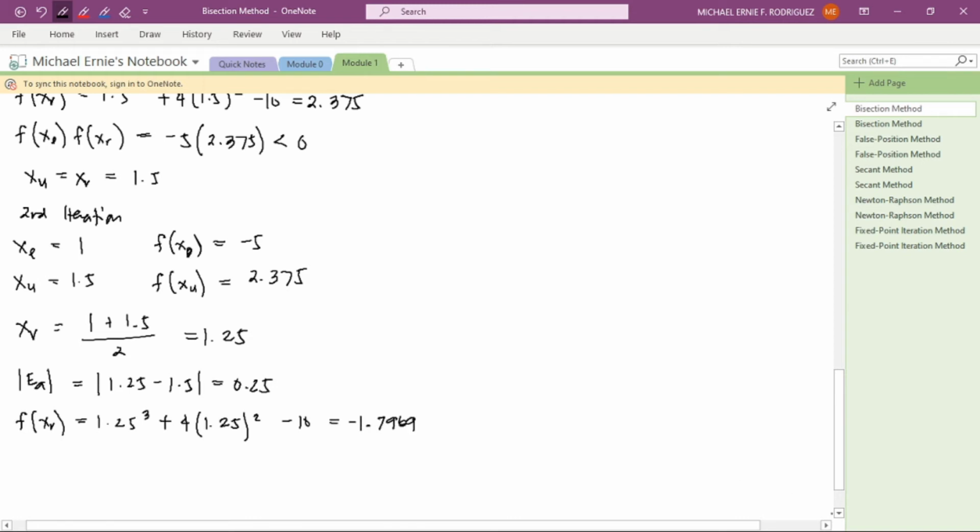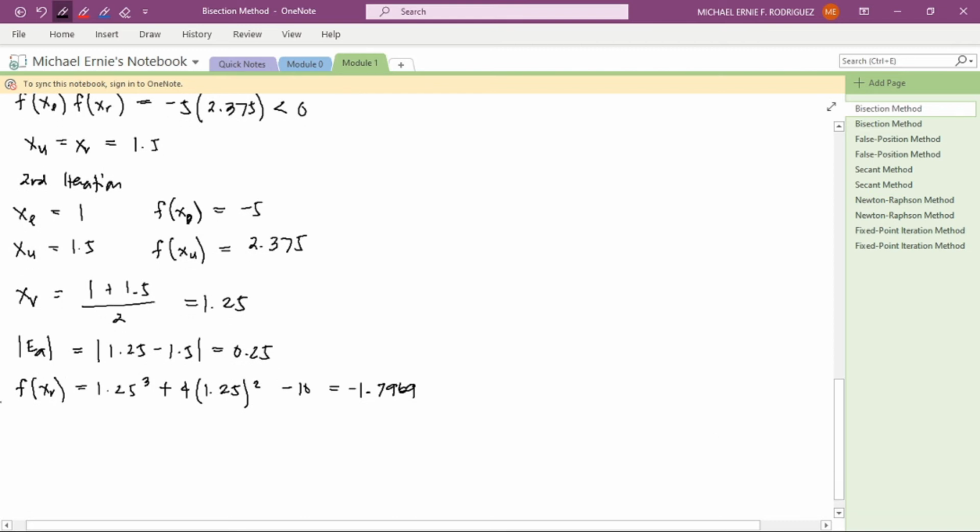And then, solving for the product of f of x sub L and f of x sub R, that's equal to negative 5 times negative 1.7969, which is greater than 0. Therefore, set x sub L is equal to x sub R, which is 1.25.